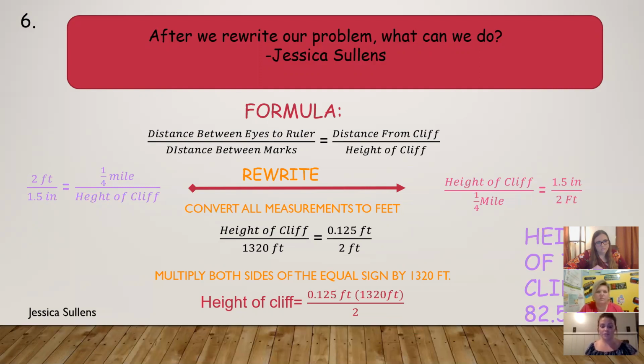We are going to convert our 1.5 inches to feet, and that's going to be 0.125 feet. And then our 1/4 of a mile, we're going to convert to feet, which would be 1,320 feet. And then you just keep working through the problem until you get your answer, like you said, the 82.5 feet. We just convert it to make it easier to find our solution.